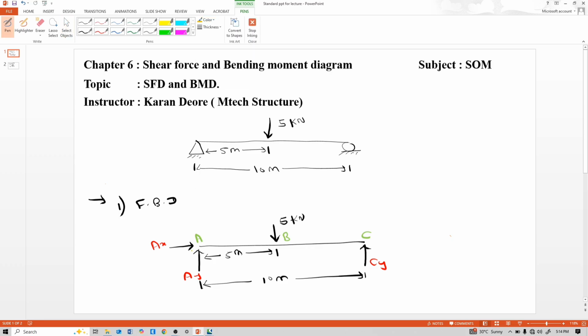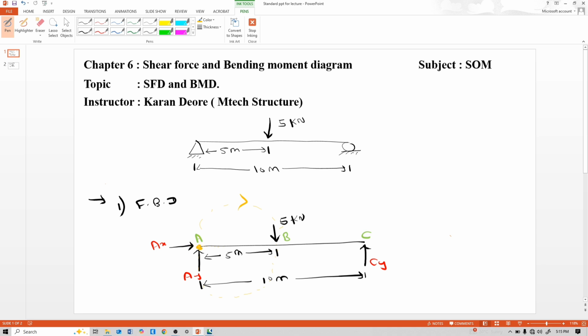Take moment at this point. This 5 kilonewton force is clockwise, and this CY is anti-clockwise. This AX goes through this point, so we do not consider it in the moment calculation. This AY also goes through point A, so AY and AX we will not consider in the moment calculation at point A.